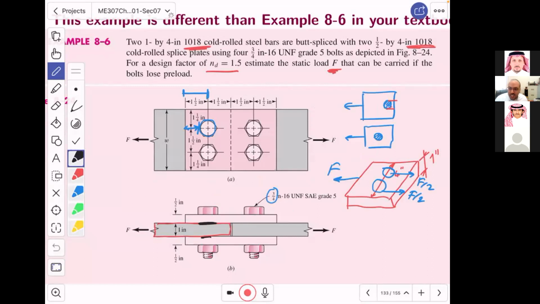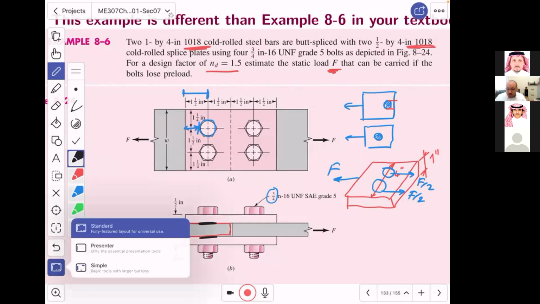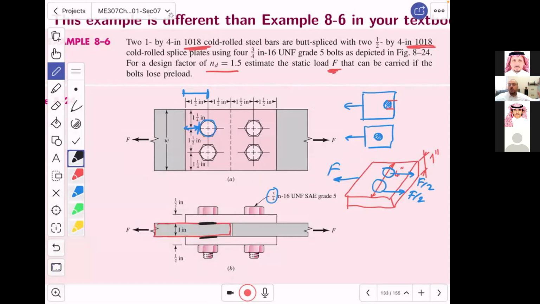The problem with this one down, there is a good chance that it is actually in the thread, not in the shank. So if there are no details given, of course, in the exam, you will probably not solve both of them.